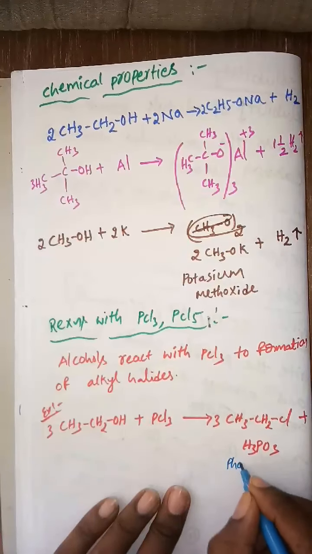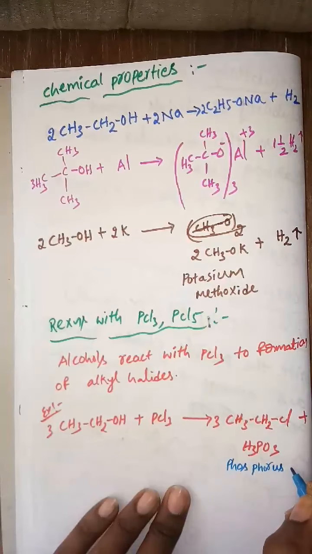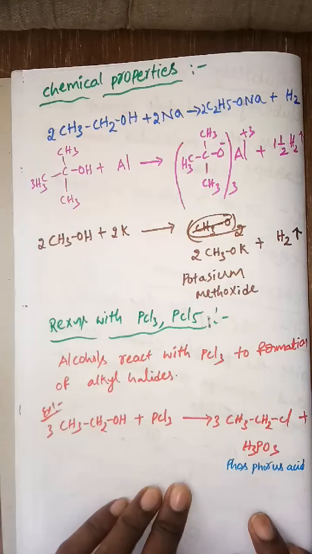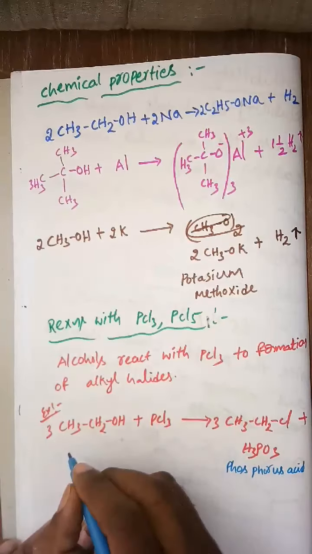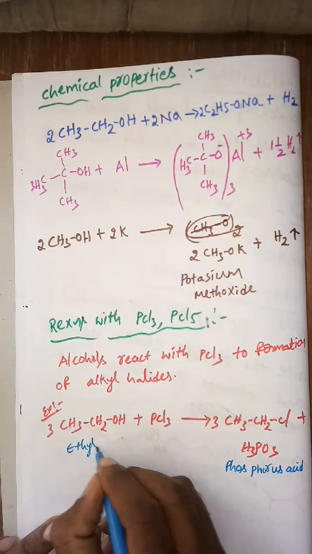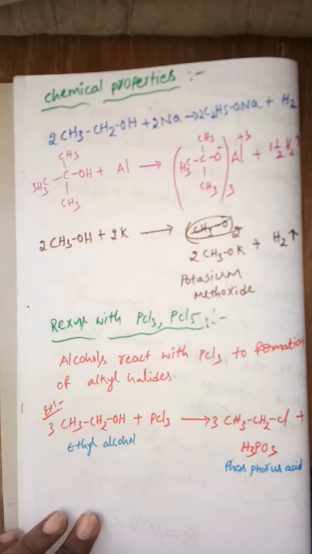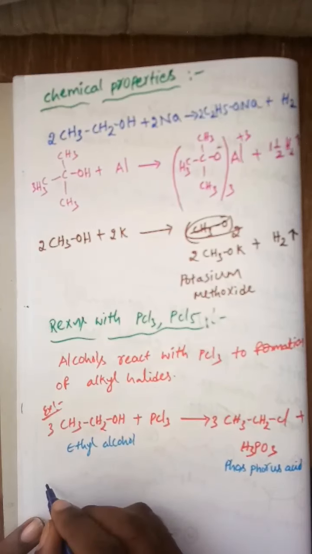Phosphorus acid. Ethyl chloride, phosphorus acid, from ethyl alcohol.